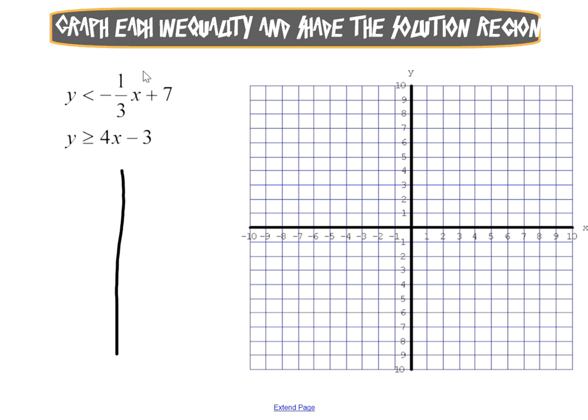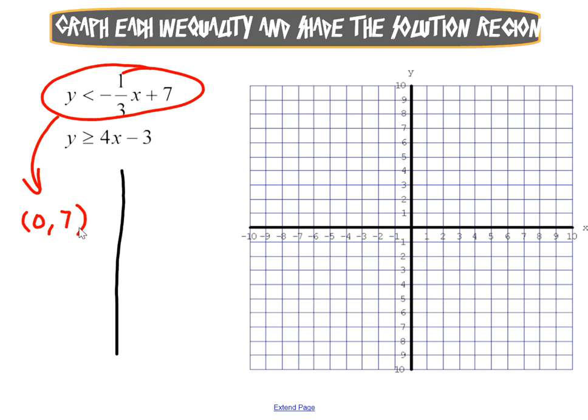Nice and easy, they're both in slope-intercept form, so we would say that our y-intercept is (0, 7). My slope is negative 1 over 3. This is going to be a dashed line, and it's going to be shaded below. Okay, so (0, 7), down 1 over 3. It's going to be dashed.